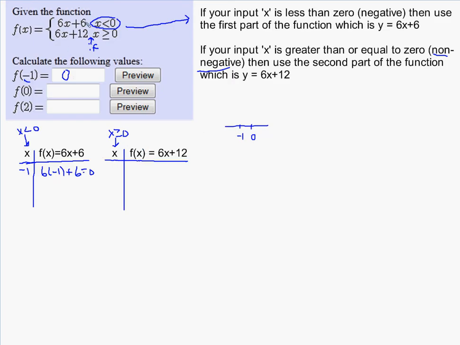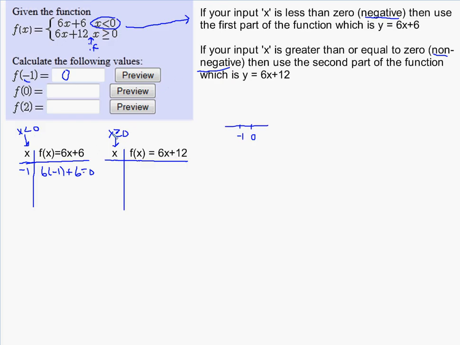Do I use the top piece of the function or the bottom piece? So I'm plugging in 0, so I have to decide, is 0 less than 0 or is 0 greater than or equal to 0? Well, obviously 0 is 0, so it satisfies this inequality. It would not make sense for me to use this equation when plugging in 0 because it doesn't satisfy this. We're only supposed to use the first piece if we're plugging in negative x values, and 0 is not negative.